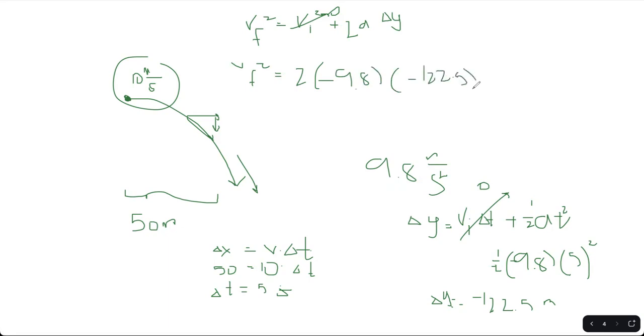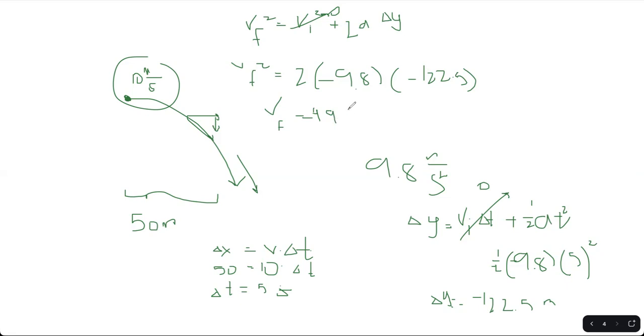And now the negatives cancel out, and we get V final is going to be equal to the square root of 2 times 9.8 times 122.5. And that is going to give us exactly 49, which is very interesting because when I gave you this problem, I did not plan to have nice numbers involved.